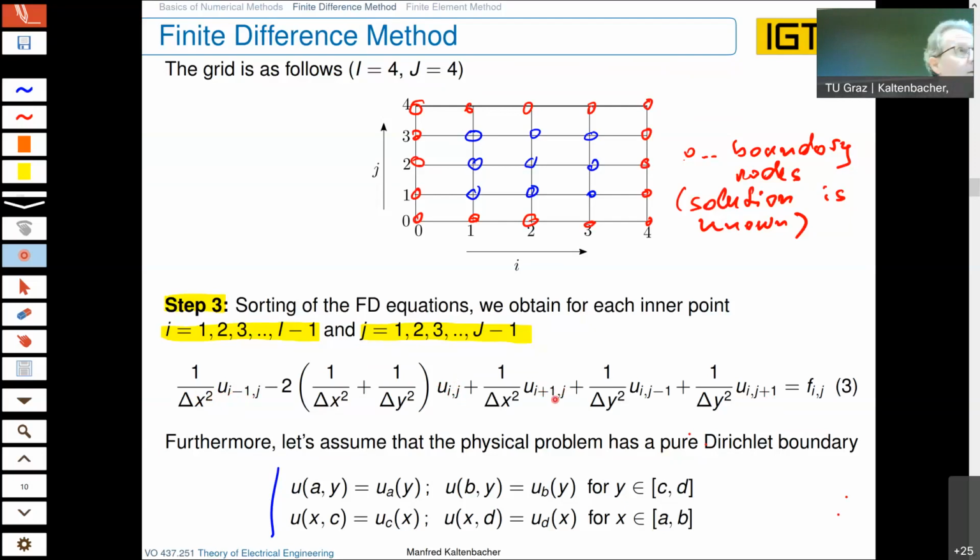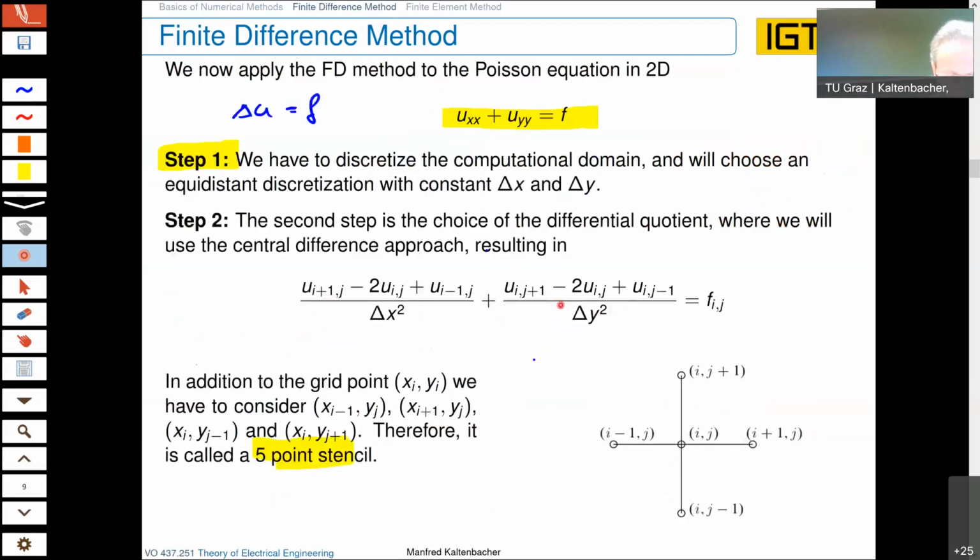And the same we have for y, the central term for j, and we have j minus 1 and j plus 1. So just an expansion of this equation here, nothing else. It's just an expansion, and we write it for the different indices ij, i minus 1 j, i plus 1 j, i j minus 1, i j plus 1.